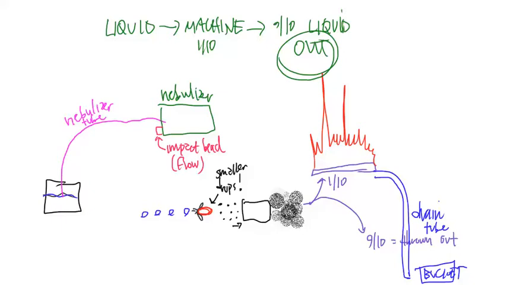If not, that liquid's going to go on the floor, and then your shoes are going to be covered in copper liquid and iron liquid and lead liquid and who knows what other kind of metals have been pumped through that machine, but you're going to be bathing in them. So make sure that you put a bucket underneath the machine and make sure that the drain tube or the waste line is pointed in that bucket. If not, you're going to be doing a lot of mopping and a lot of cleaning around some heavy metals.